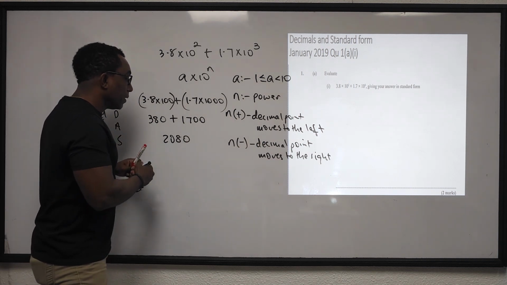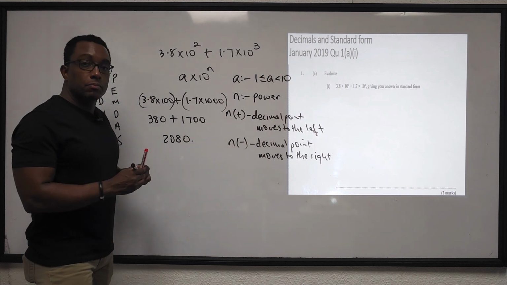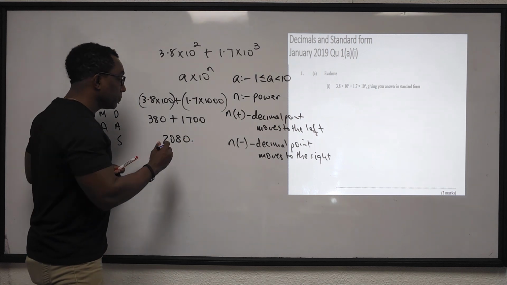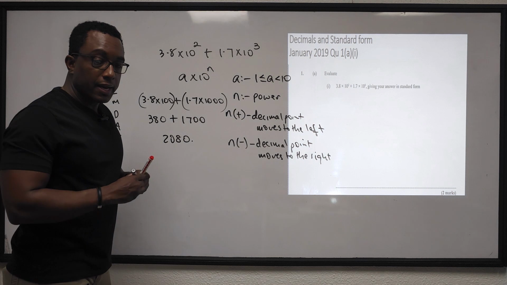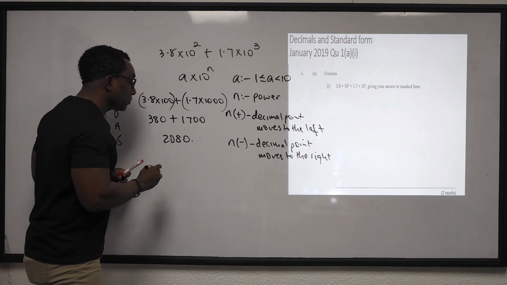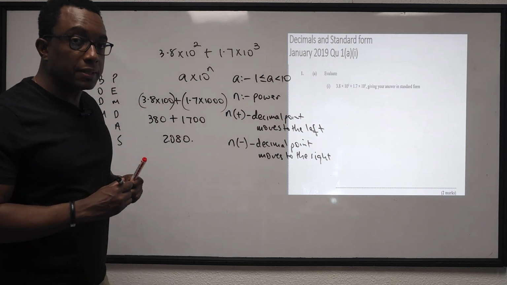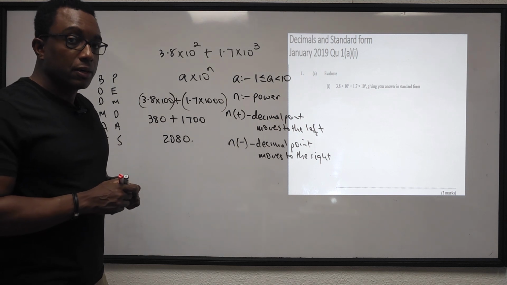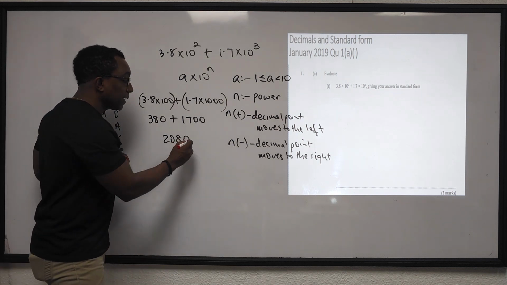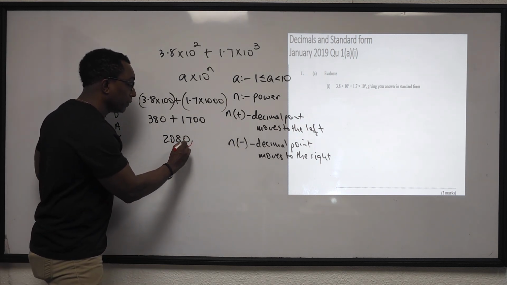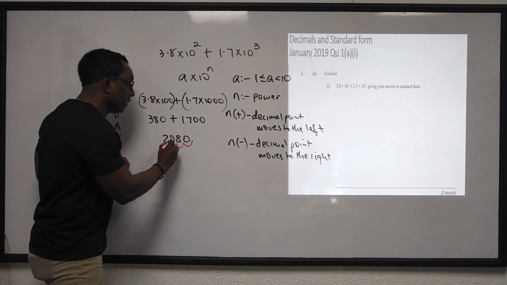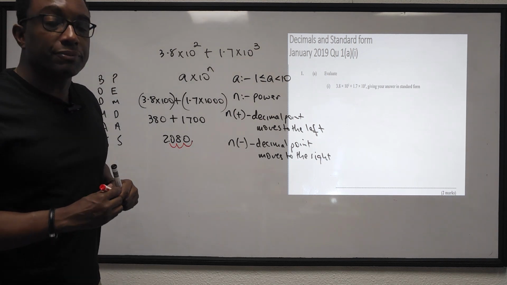This is 2080. So to make this number lie between 1 and 10, a decimal point, which is understood after 0, must move, or it must occur between my 2 and 0. Yes, it must occur between my 2 and 0 in order for this number to lie between 1 and 10. So in order for that to happen, it means that this point must move 1, 2, 3 places to the left.